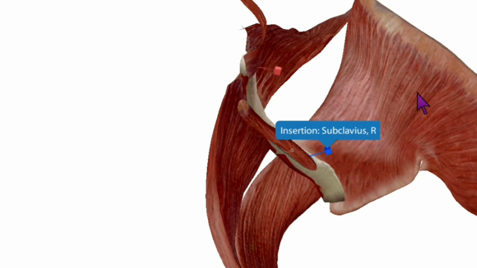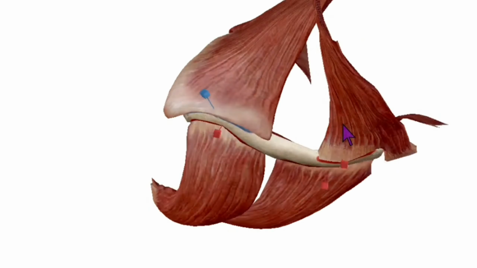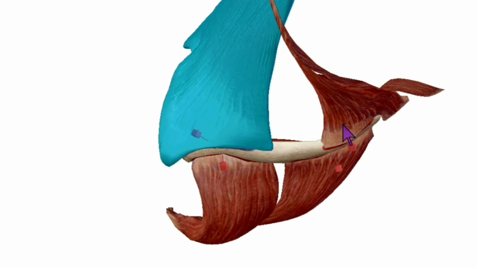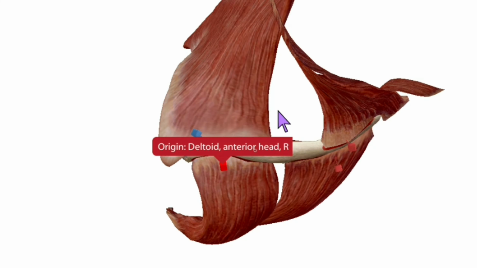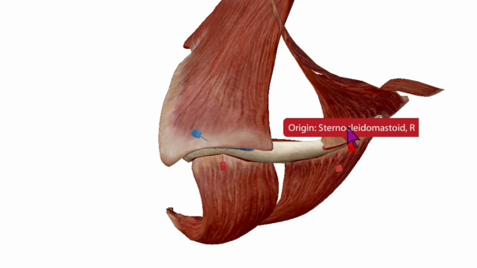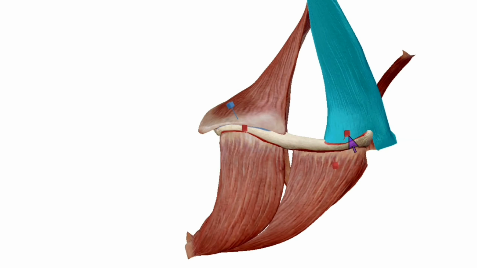This is the insertion of the subclavius muscle. This is the trapezius muscle insertion. This is the deltoid anterior head origin. This is the sternocleidomastoid muscle origin. This is the pectoralis major clavicular head origin. These are the details about the muscle attachments, that is origin and insertion, in the clavicle bone.